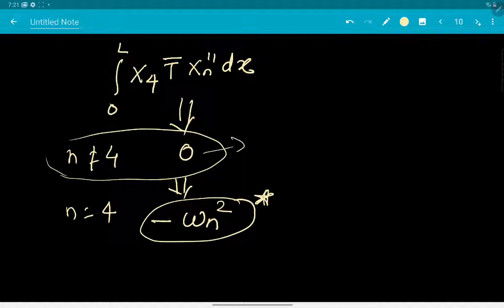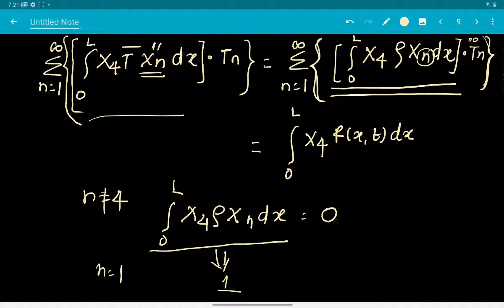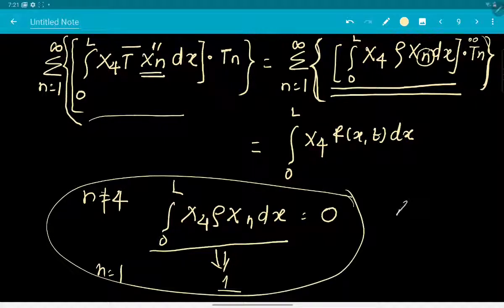So now I'll replace this 4 by m. It can be any mth mode, right? It can happen for any mth mode. So I'll replace this 4 by m, and I'll use whatever we just talked about, and I'll be plugging all these things into this equation, and then I'll be able to write it down in this way.